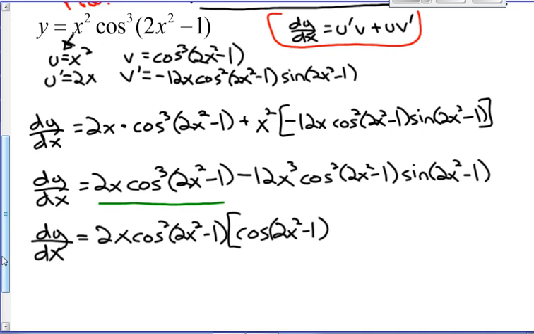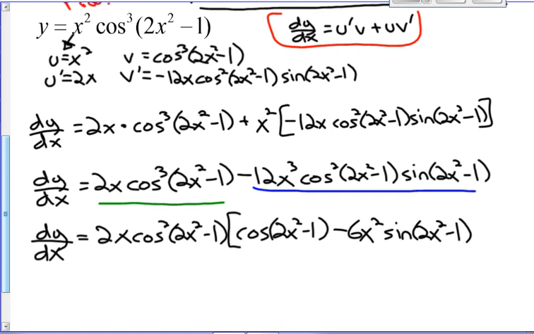And from the other part, it would leave us with minus 6x squared sine of 2x squared minus 1. Okay. And either of these are right. We can write this or we can write that. It just depends on whether we want it factored or not.